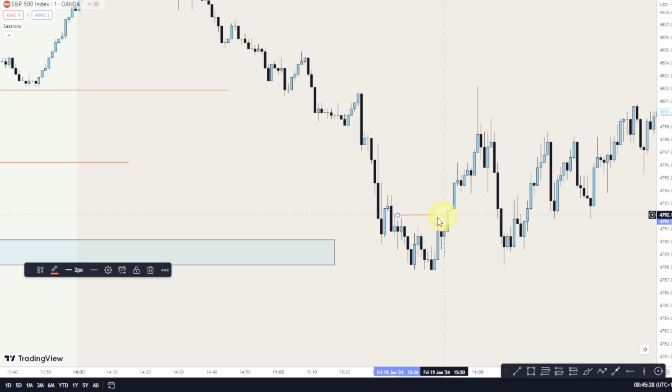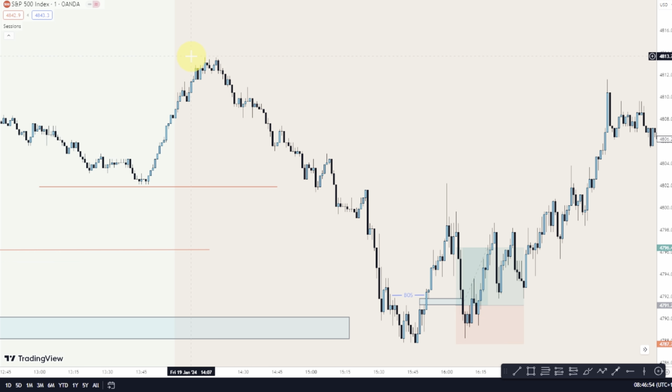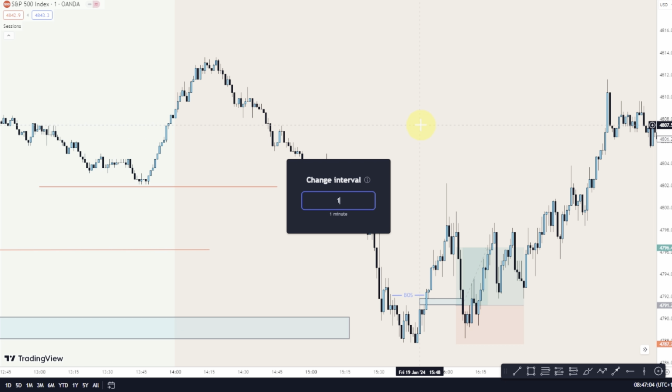About the targets, there are two ways you can target, but the most assured target, where most likely price will go, is the sell stop liquidity. The sell stop liquidity at the 15-minute time frame or the 1 hour time frame, that's the liquidity you go for.